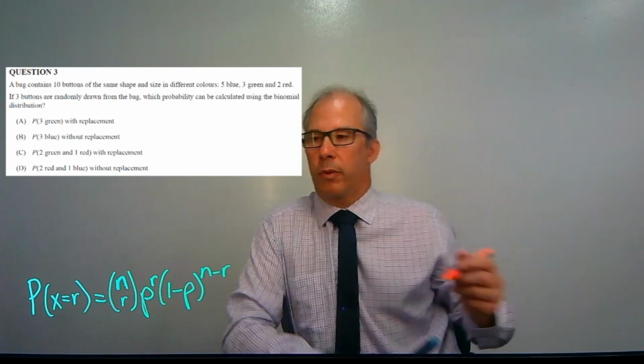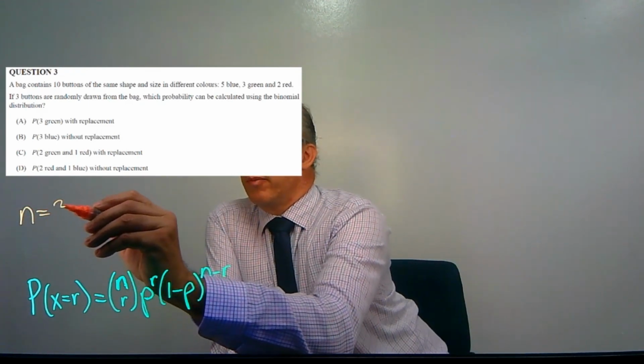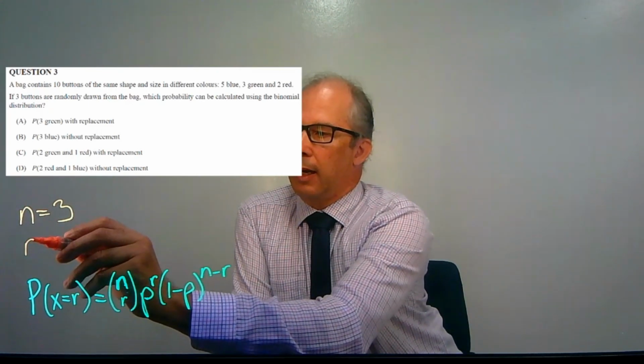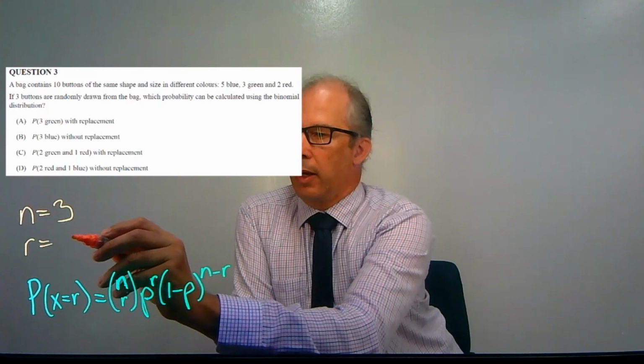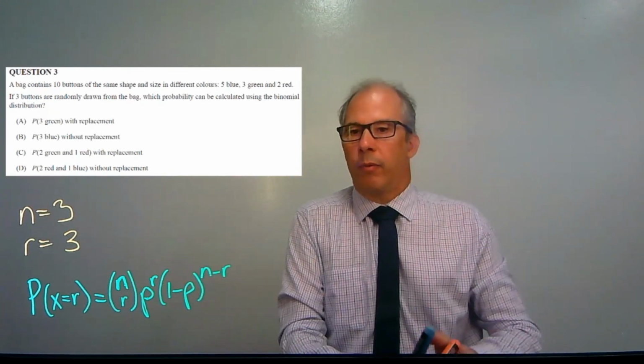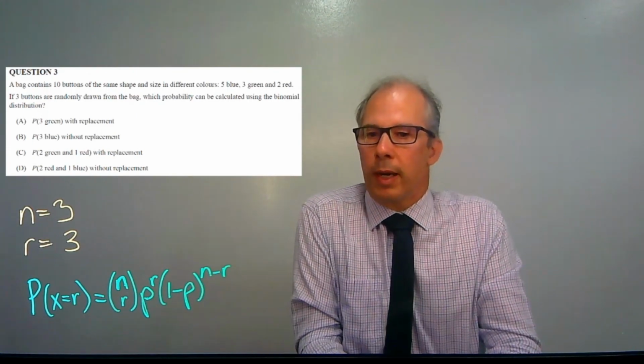In this question we've got n being the number of trials, which is 3, and the number of successes r is also equal to 3. If we look at the answers, we've got A, the probability of 3 green with replacement.